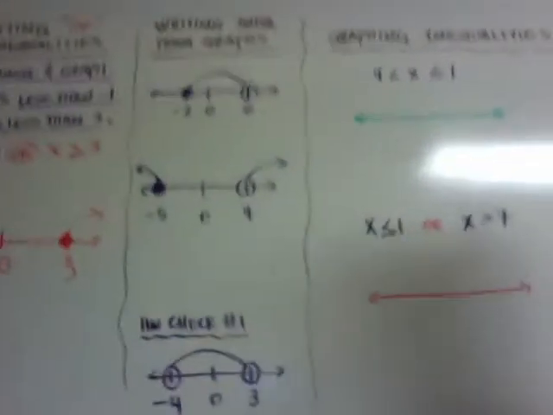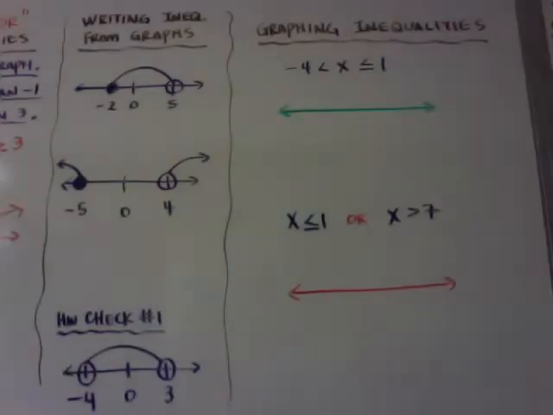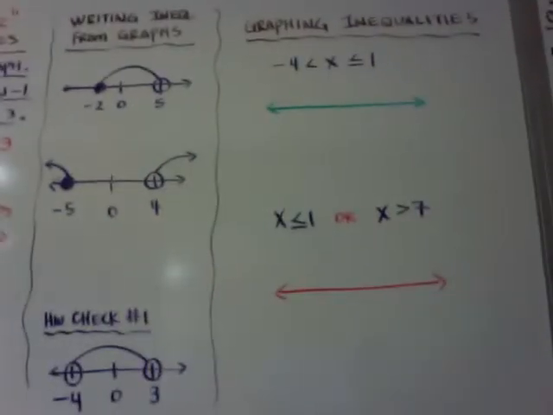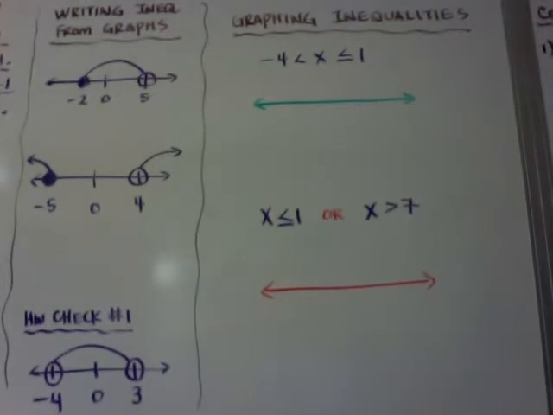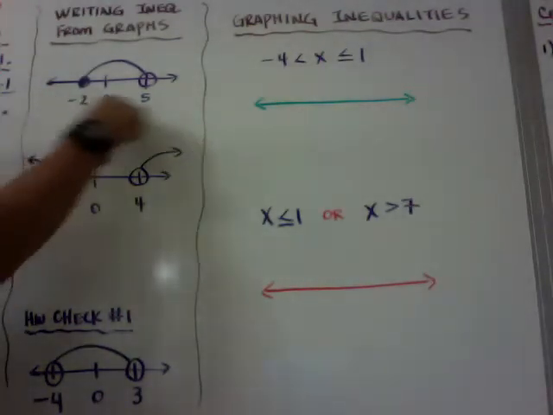So the next part is going to be writing inequalities from graphs and then graphing the inequalities, so going back and forth. And you can see I have the homework check on the bottom. The first one is writing inequalities from a graph. I can see that because it's in between, it's going to be an "and" problem. The "and" problems are pretty easy.